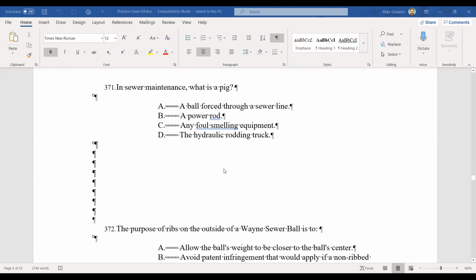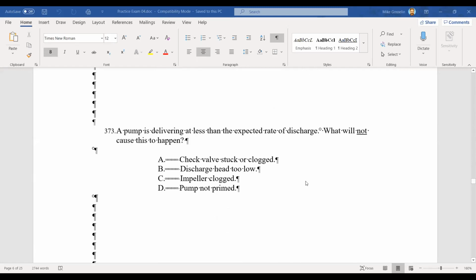So let's take a look at this one. A pump delivering at less than expected rate of discharge will not cause this to happen. So what will not cause that pump to deliver a less than expected flow?